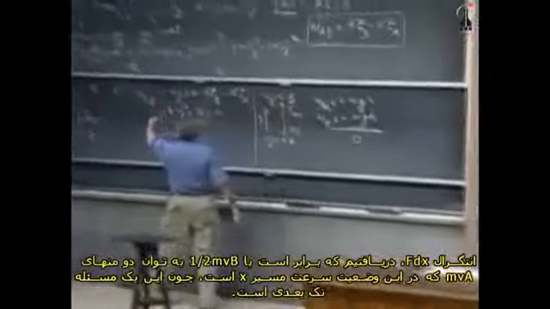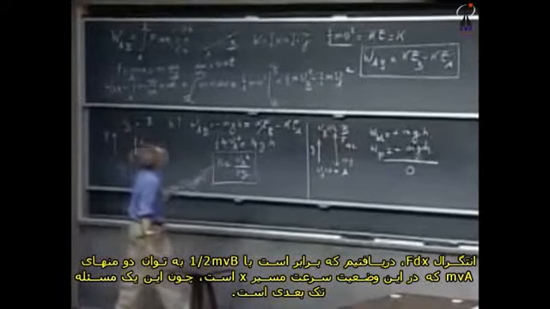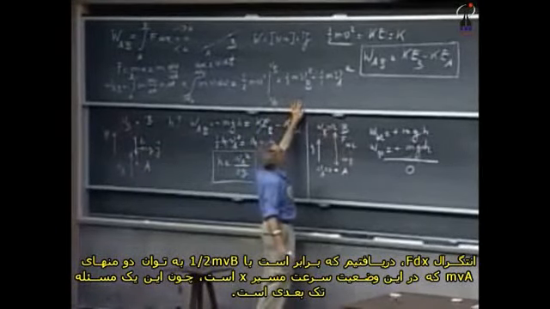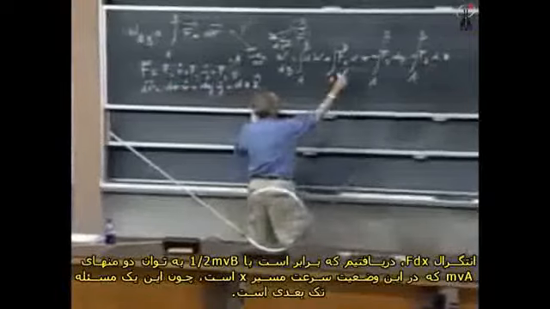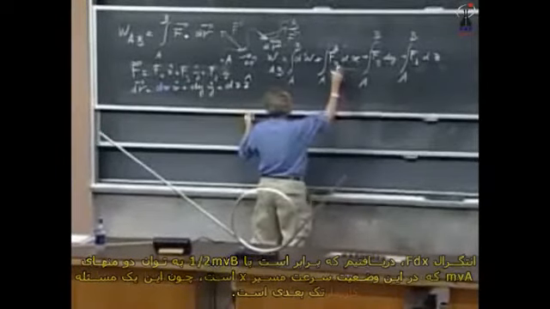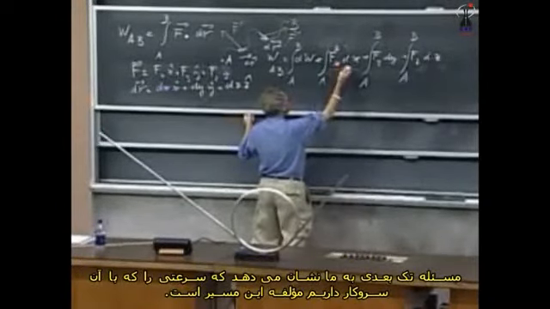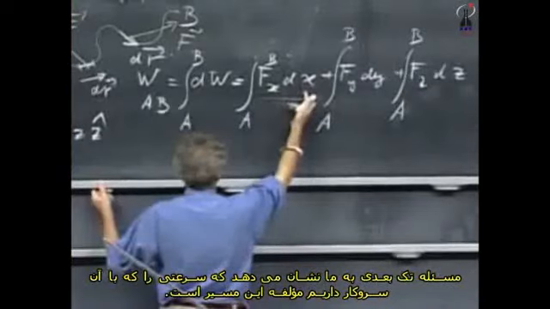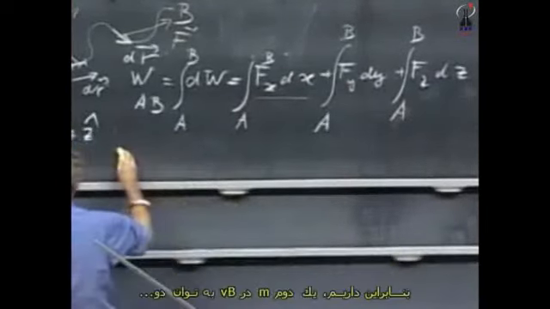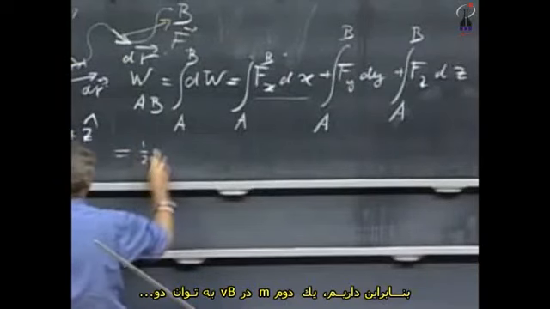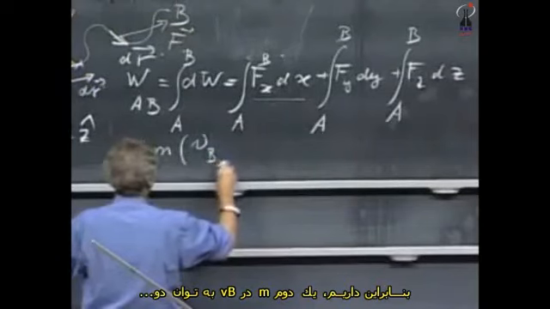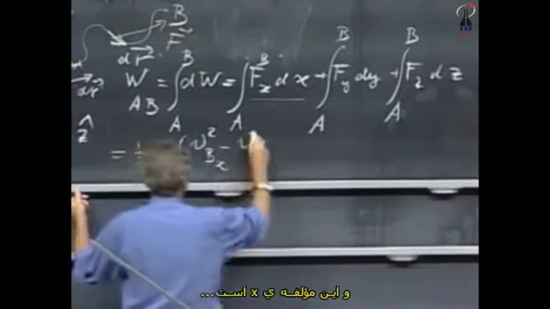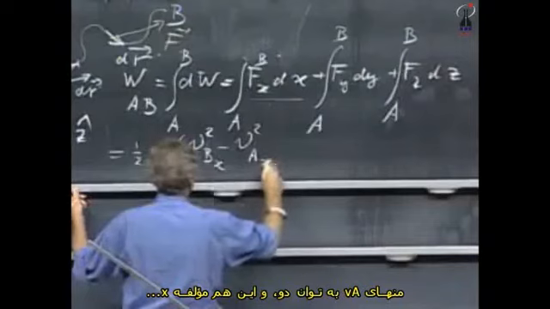The integral F dx, we found, is 1/2 m vb squared minus 1/2 m va squared, which in this case is obviously the velocity in the x direction, because this is a one-dimensional problem. And the one-dimensional problem indicates that the velocity that I'm dealing with is the component in this direction. So we have that this is 1/2 m vb squared, and this is the x component, minus va squared, and that is the x component.